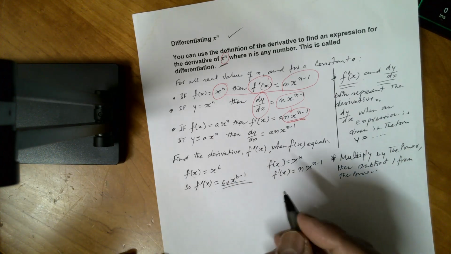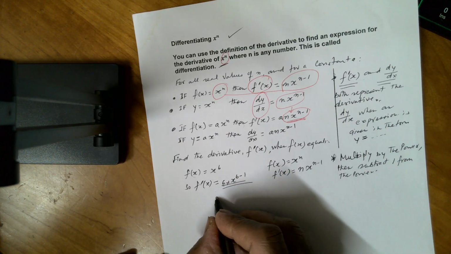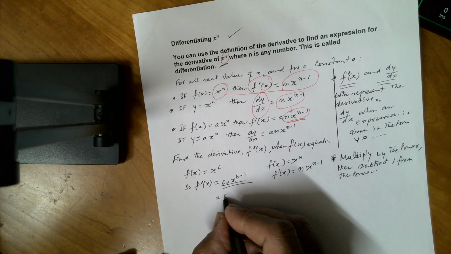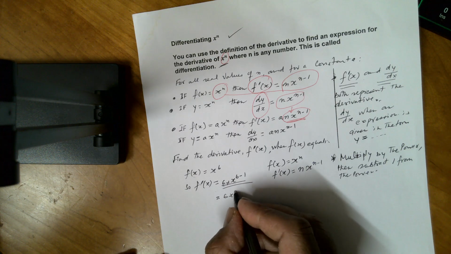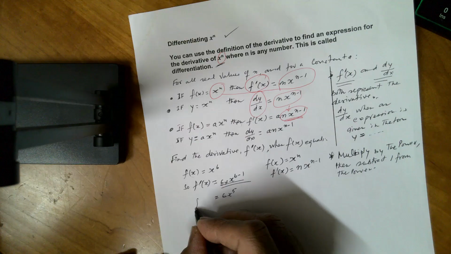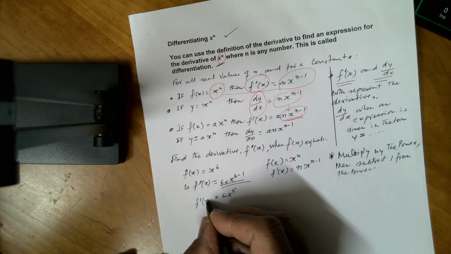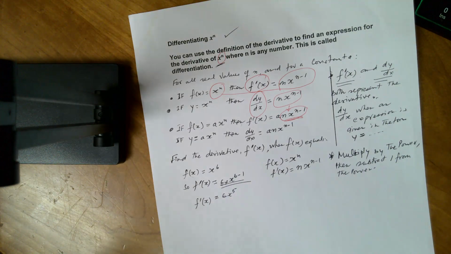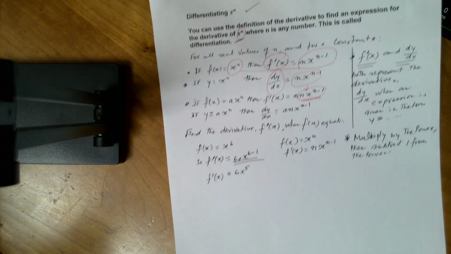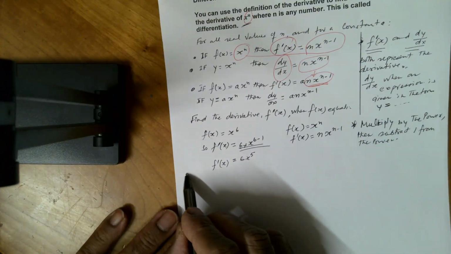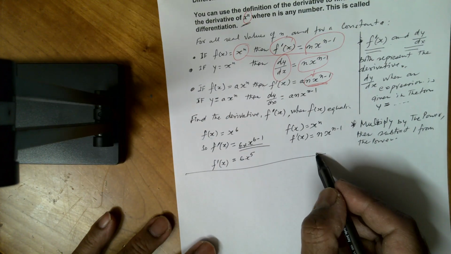This is exactly what we've done here, and that will give us 6x to the power 5. So that's your first derivative. These are obviously pretty simple ones.